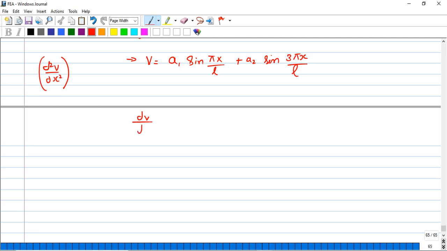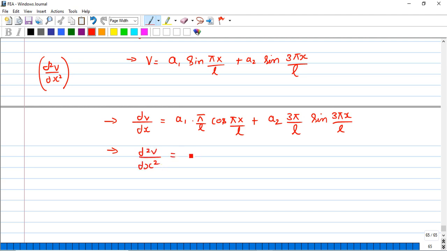So ∂v/∂x will give us a1 multiplied by the differentiation of sin(πx/L), which is π/L into cos(πx/L). Same way, a2 into 3π/L into sin(3πx/L). And one more differentiation of the same function will give us ∂²v/∂x², that is equal to a1 into (π/L) whole square.